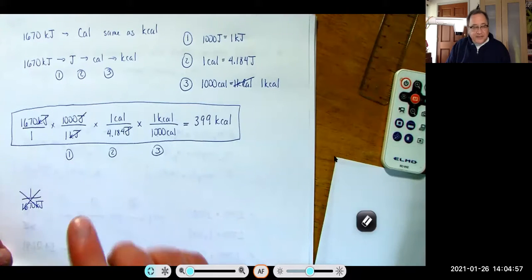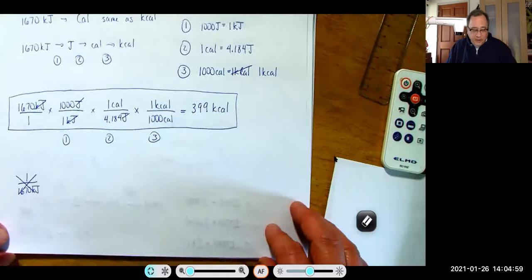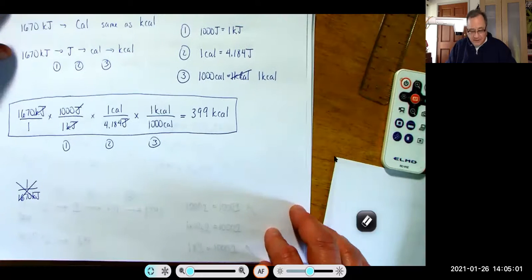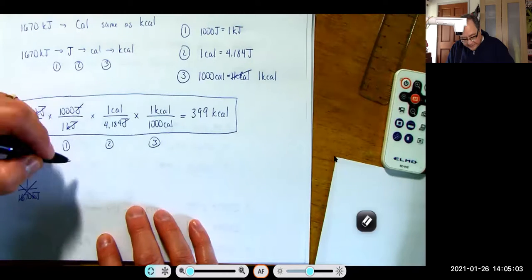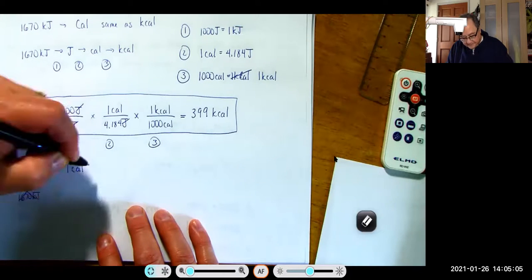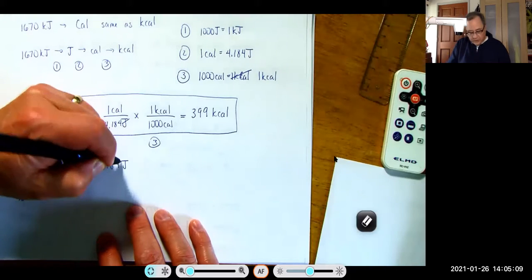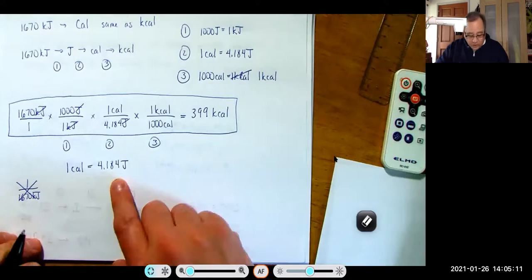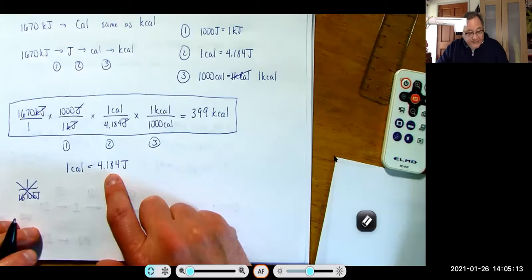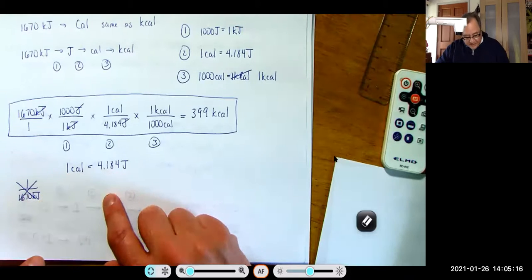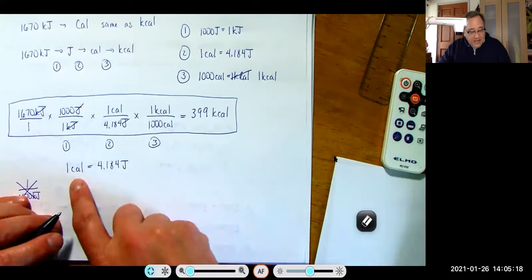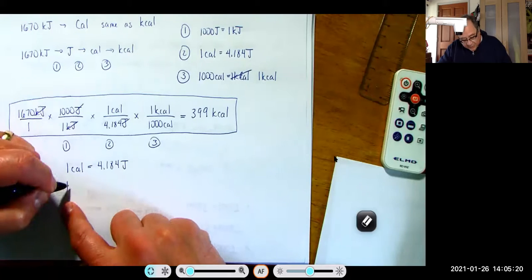Now, since this is Chem 1A, I'm going to show you another way to do this problem. And it's based on this idea. This is a conversion that you can learn, 4 significant figures, exact. I'm going to multiply the left by a K and make this 1 kcal.